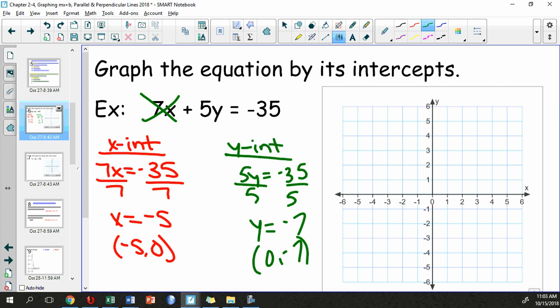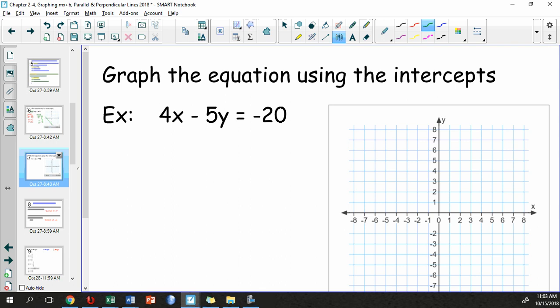So if I graph those, I'm going to graph the point (-5, 0), and (0, -7), which puts me down here. And there's my line. Yes? (-5, 0), and (0, -7). Okay? Let's do it again.